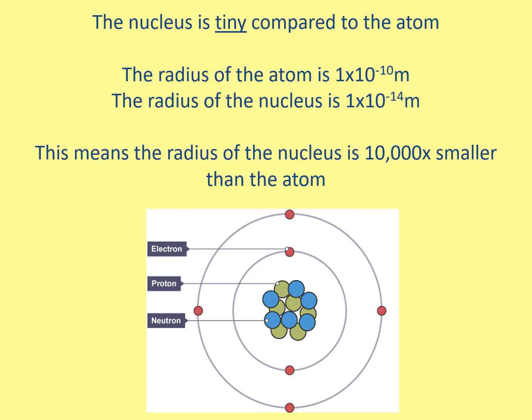Now, obviously, this diagram is so we can see it, but really the scale is much, much different to this. The nucleus is so tiny compared to the atom. In fact, the nucleus is 10,000 times smaller than the atom. 10,000 times. And in the other video, we looked at the scale of that. It was like having a penny on the centre spot of Wembley Stadium.